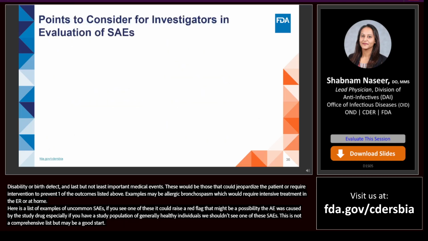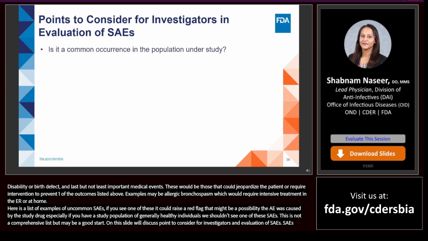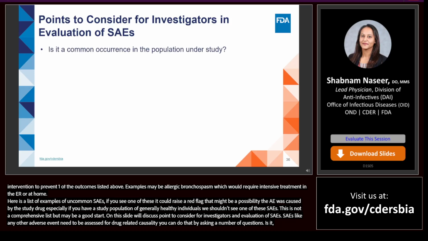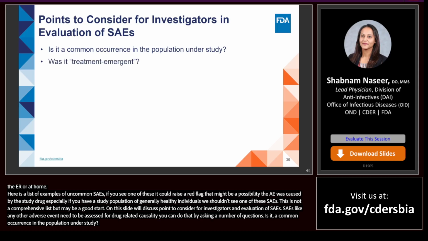So on this slide, I'll discuss points to consider for investigators in evaluation of SAEs. SAEs, like any other adverse event, need to be assessed for drug-related causality, and you can do that by asking a number of questions. One would be, is it common? Is it a common occurrence in the population under study? Was it treatment emergent, meaning did it occur on treatment or shortly thereafter? Did it respond to drug discontinuation or de-challenge?